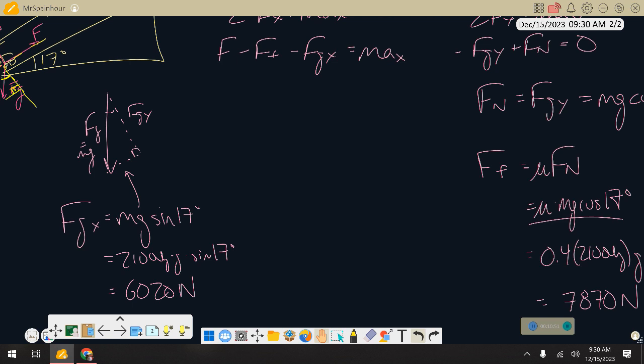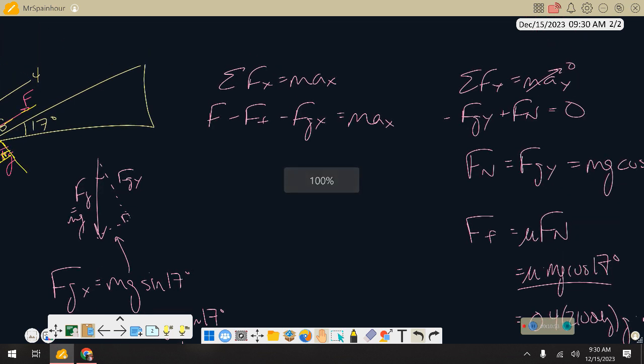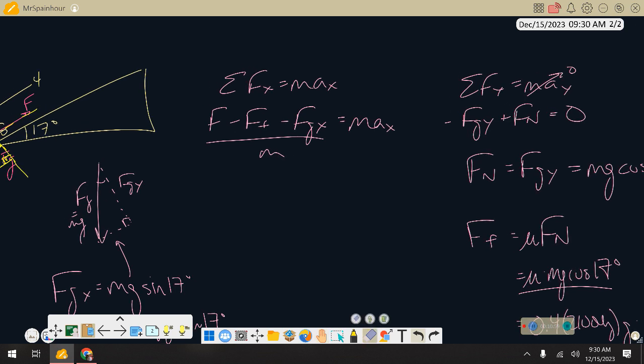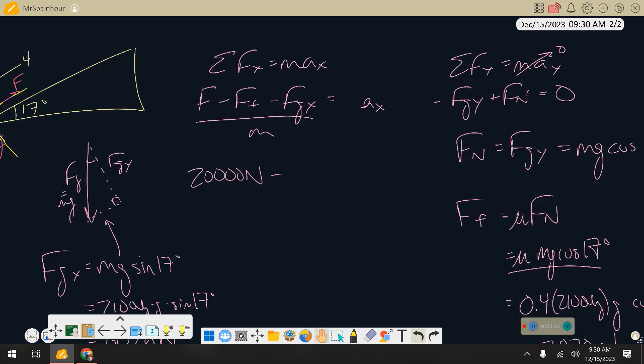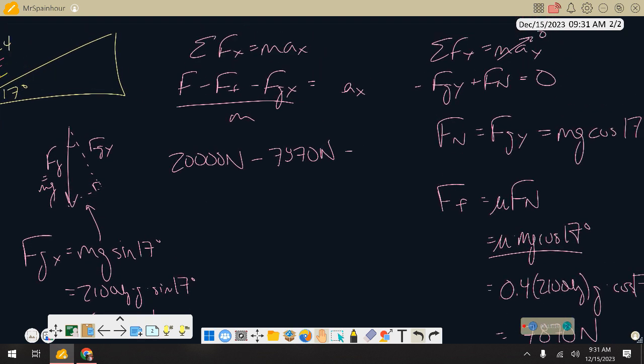Now, the only simple thing I need to do, and I'm going to use the whiteboard for it, and I wouldn't mind if you did something similar, is divide both sides by mass. So let's plug our numbers in. F is 20,000. Force friction was 7,870. Force of gravity in the x is 6,020.